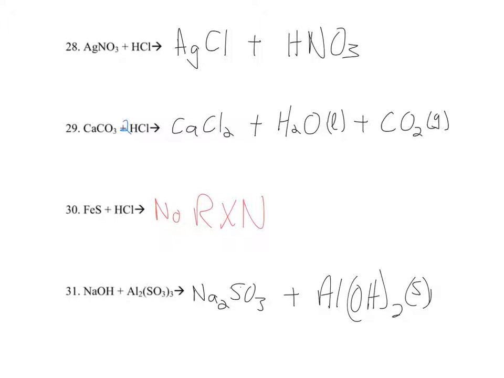The balancing might get a little messy at times, and that's kind of just going to happen. So you have to put a 3 there. That might make things a little bit easier.